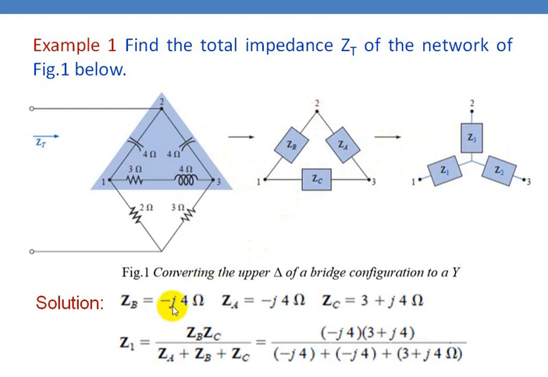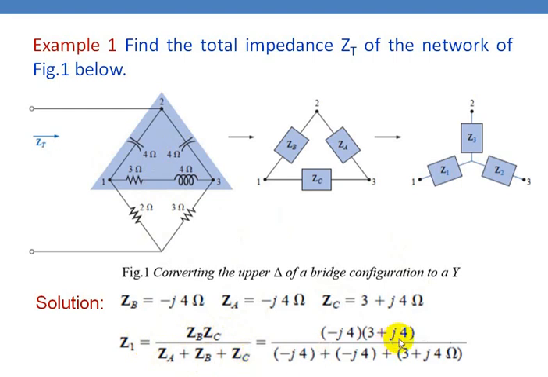Now ZA is minus J4 ohms, since only the capacitance in ohms is given, you have to write it as minus J4 ohms, and ZB is this plus minus J4 ohms, and ZC is 3 plus J4 ohms. Now you substitute in the formula Z1 equals ZB into ZC by ZA plus ZB plus ZC.